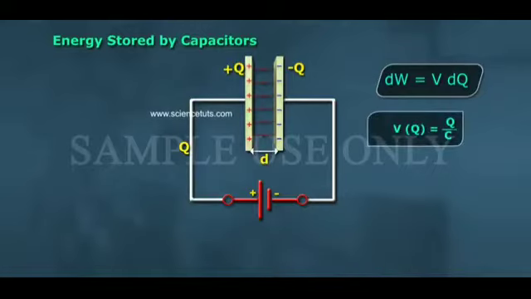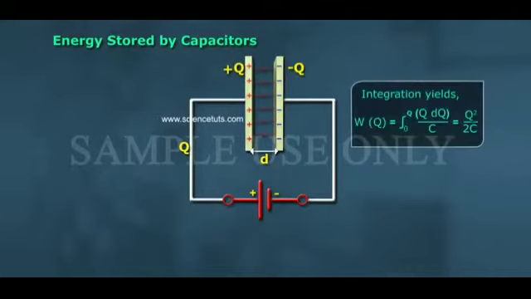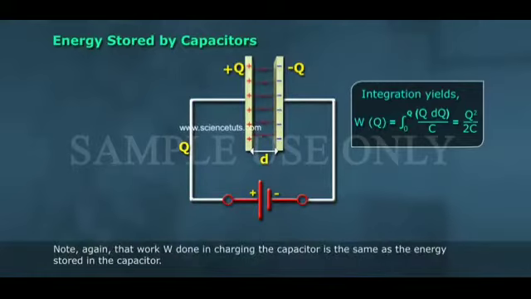To transfer a small charge dq for a potential difference V, the work done is given by dW is equal to V dq. The total work done to charge a capacitor is W is equal to integral of 0 to Q of Q by C dq, which is equal to Q squared by 2C. This work done is stored as electrostatic potential energy UE in the capacitor.